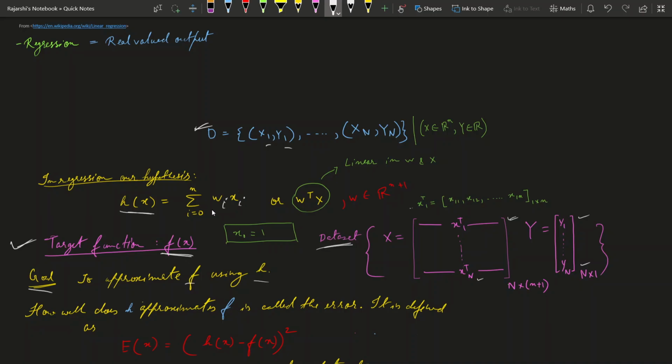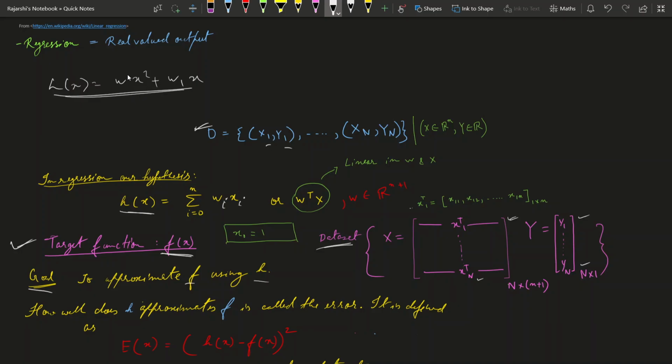So linear regression is called linear because h of x is linear in parameters, meaning it is linear in w's. It means that, let's say you have some h of x like w x squared plus w1 x. This function h is also linear in w's, but it is non-linear in x.